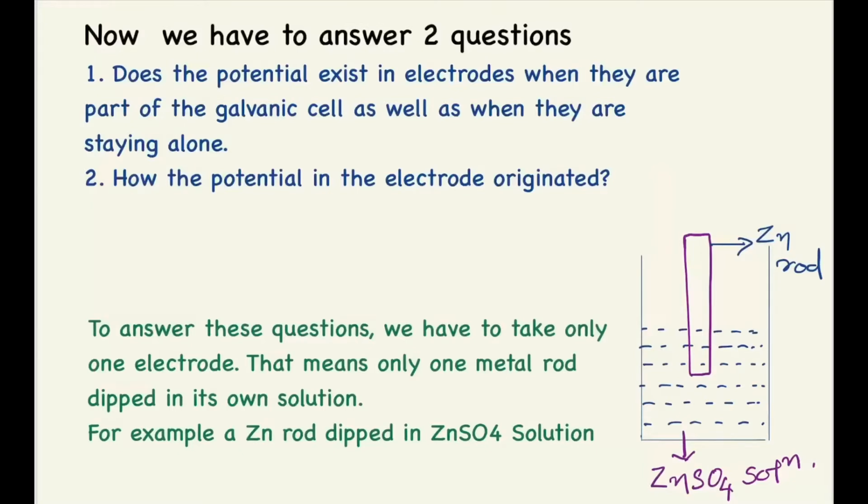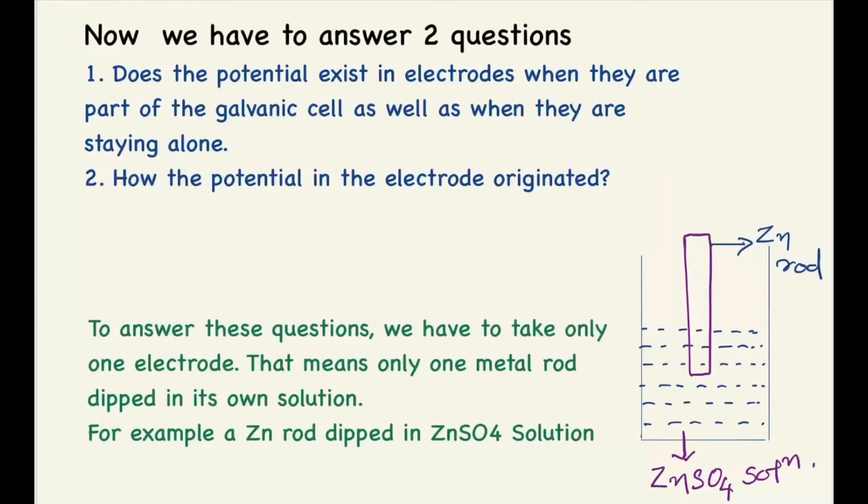We studied that electrodes have their own potential. Now, first question, whether that potential belongs to them when they are part of the galvanic cell as well as when they are staying alone. In both these cases, whether the potential exists in a single electrode. First question.